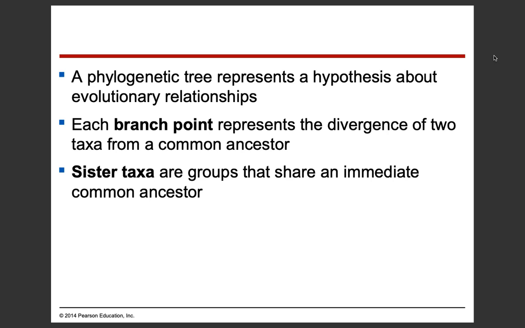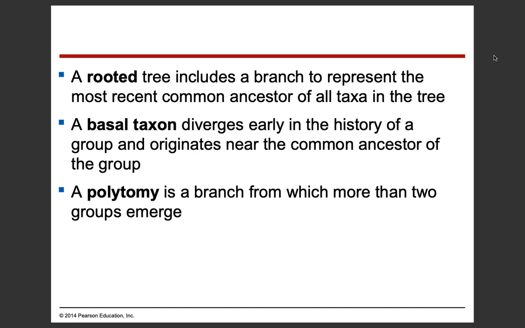So each branch point represents the divergence of 2 taxa, so 2 groups from a common ancestor. So one organism that was the ancestor to the 2 that have diverged. Sister taxa are groups that share an immediate common ancestor, which I pointed out on the other picture, but I will point them out again in just a minute. You have a rooted tree that includes a branch that represents the most recent common ancestor of all the taxa in the tree.